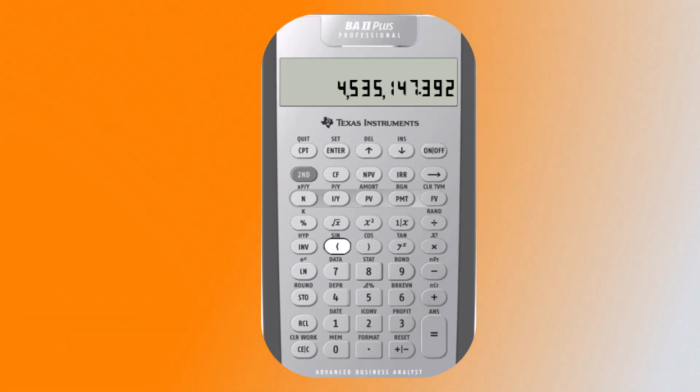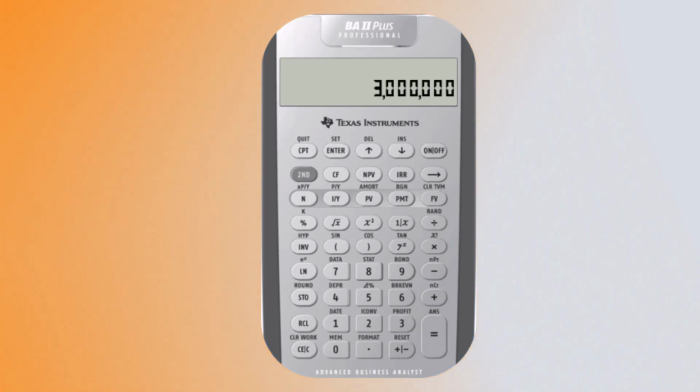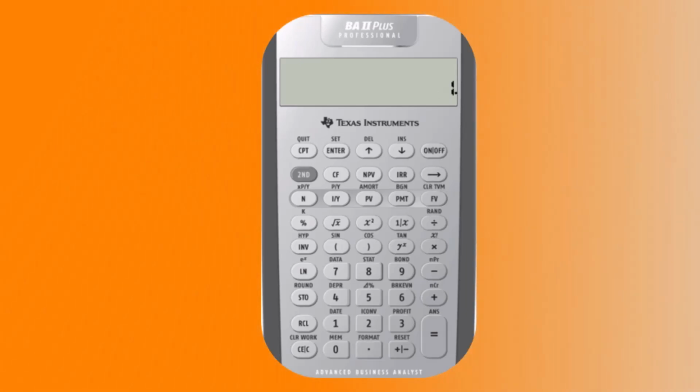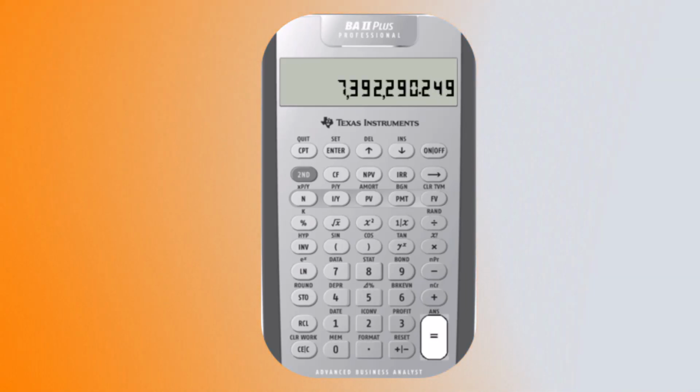Plus, open parentheses, 3 million divided by 1.05. Hit equals. That is the present value of the $5 million to be received at the end of year 2, plus the $3 million received at the end of year 1, all back in present day dollars, all discounted back at that 5%.